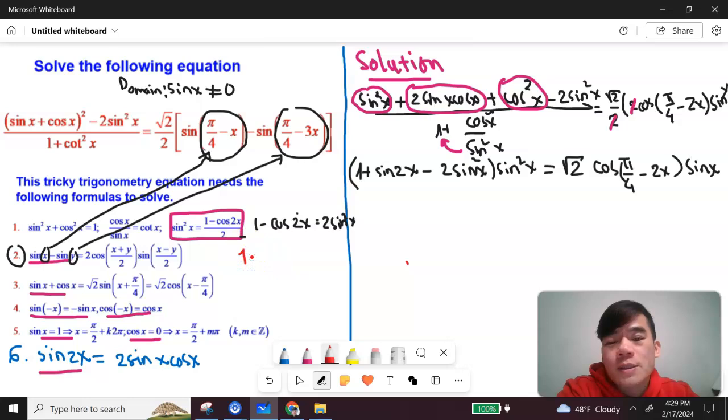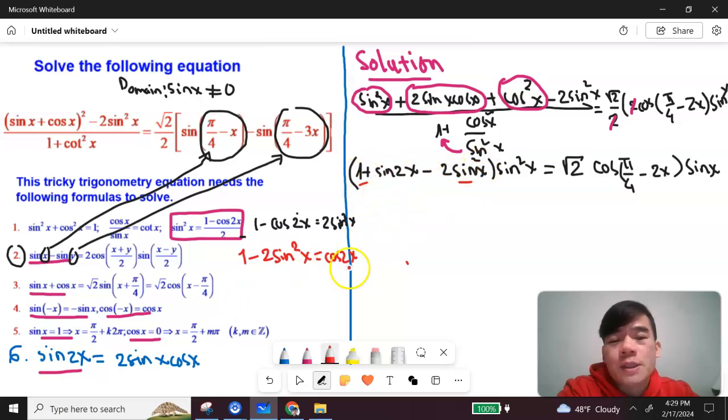So it turns out that 1 minus 2 sine square of s equals cosine of 2s. So I replace this with cosine 2s.